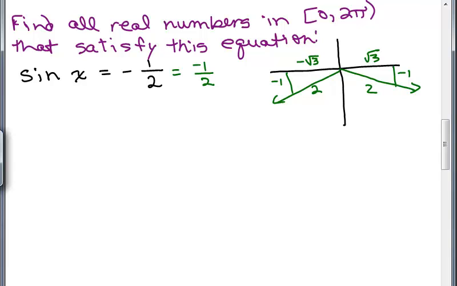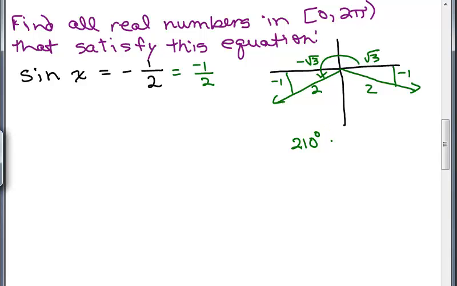Now, what angles are these in from 0 to 2 pi? So the first one, right here, I think in terms of degrees usually. I think of this as 180 plus an extra 30 degrees, or 210 degrees. So if you want to think in terms of degrees, you can get to 210, and then you can convert that to radians. The other way is you could think of that as pi plus an extra pi over 6.